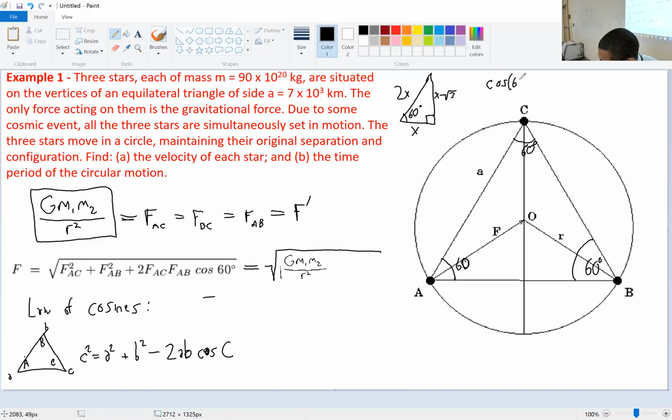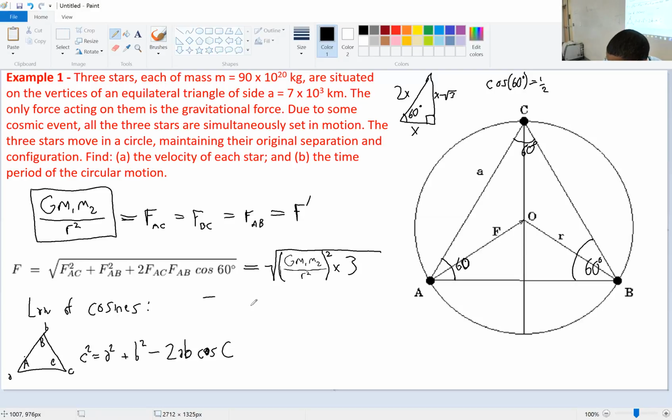So cosine of 60 is 1/2. So you plug that in here, that cancels with the 2 here, and then basically you have this being added to itself 3 times. Then you take the square root of that, or let's see, this squared being added to itself 3 times.